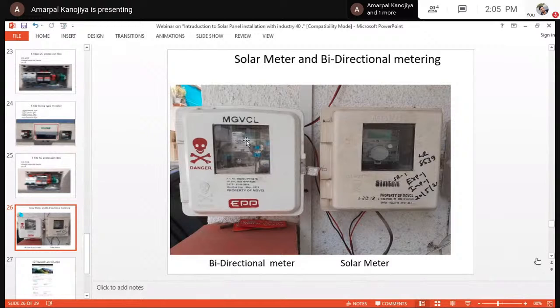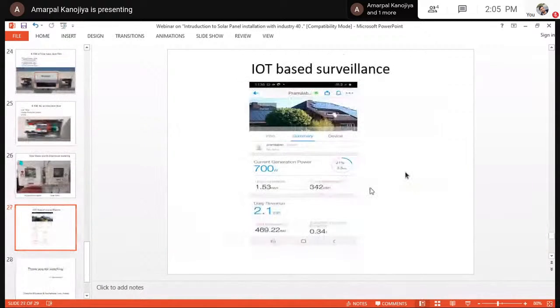Now here I am clubbing this generation of the solar power plant to the internet of things, so this whole generation you can observe on this mobile. This is the IoT based surveillance. In the mobile there is an application by which you can look after the whole generation.